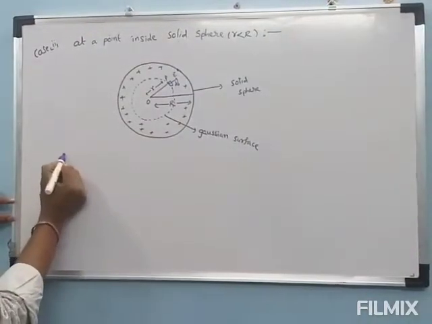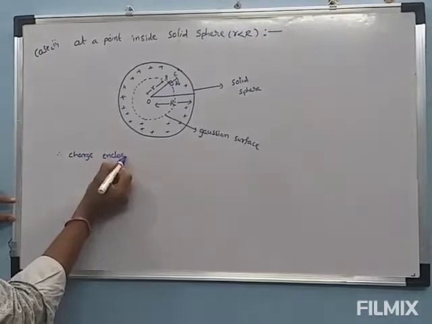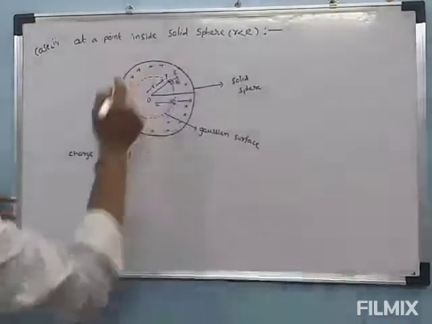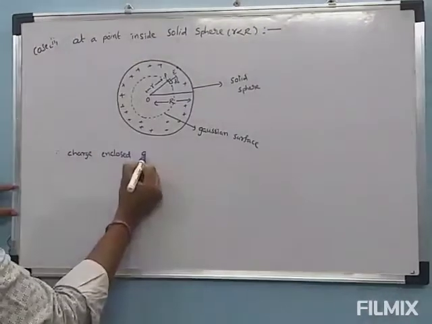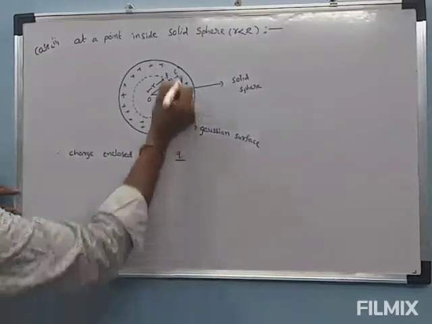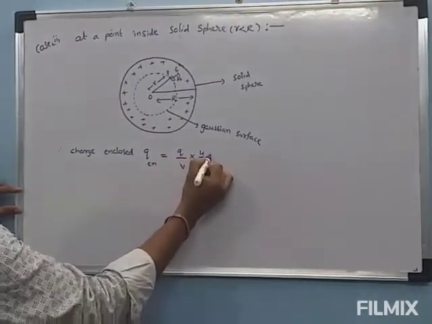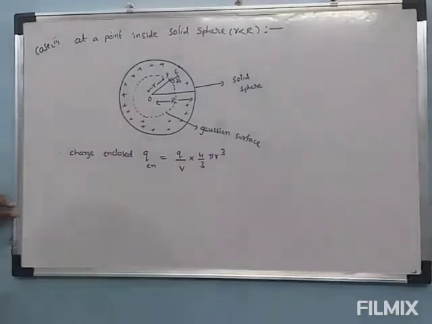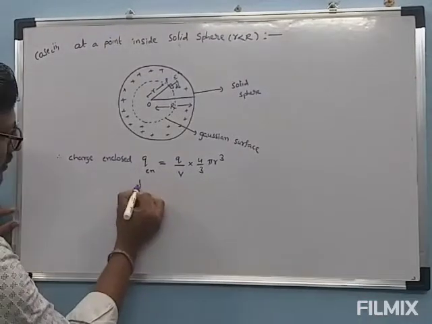Therefore, the charge enclosed. Where is the charge? Enclosed. The positive is indicated by the charge enclosed. Now the charge enclosed is equal to the total charge by volume into 4 by 3 pi r cube.